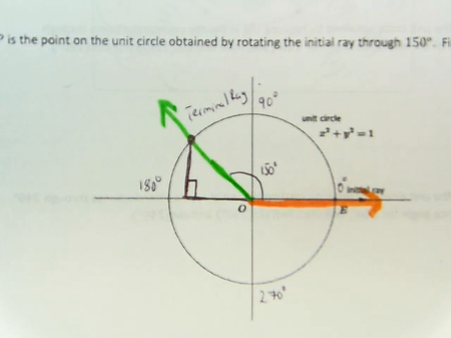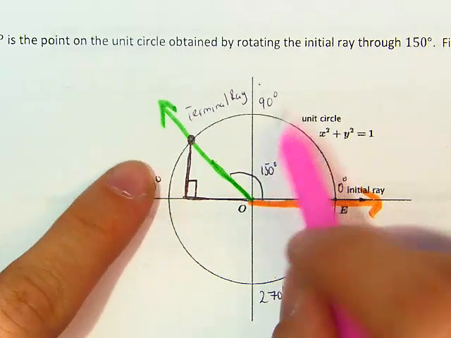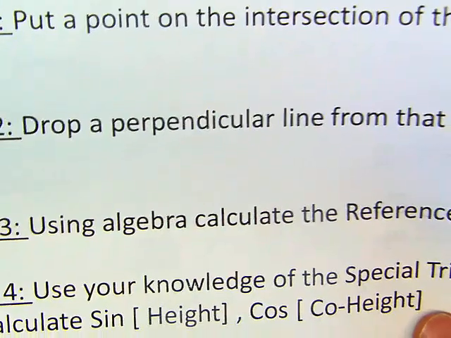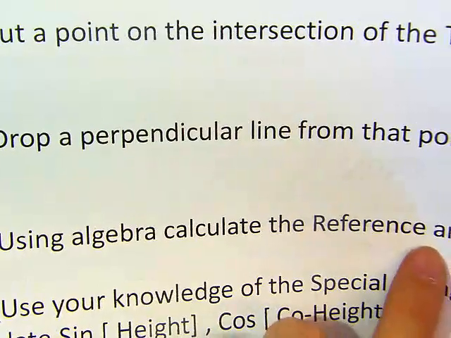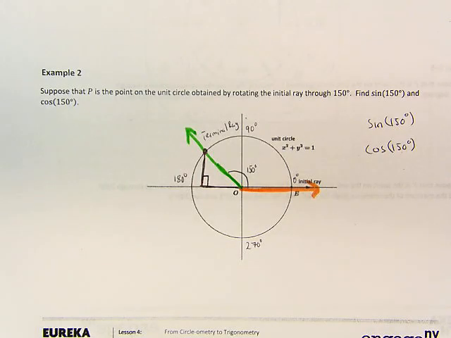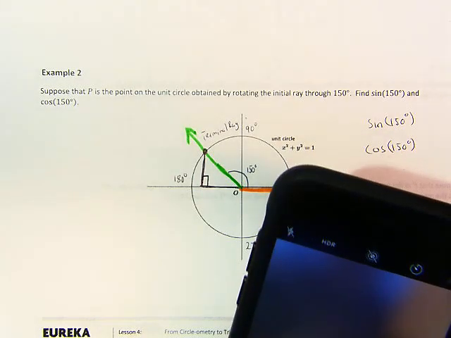Let's examine this very closely. Notice that this angle has to be 90 degrees. Can we calculate other parts of this triangle? Here it says, using algebra, calculate the reference angle. The reference angle is a definition I have on the board for you.